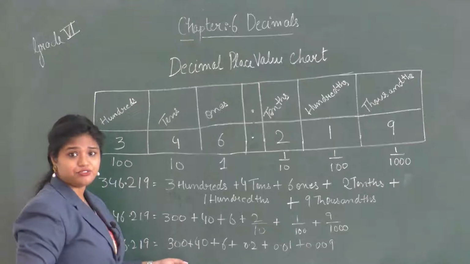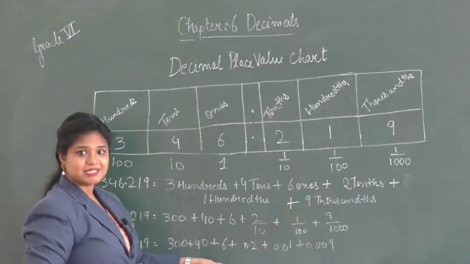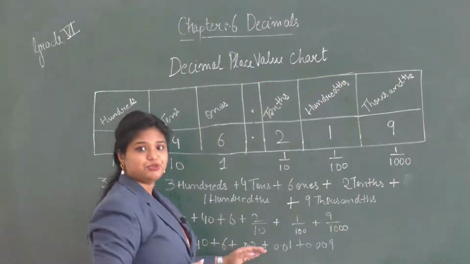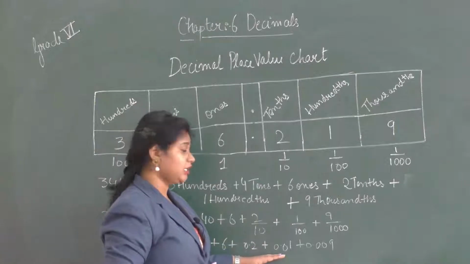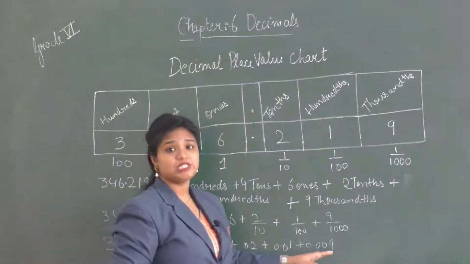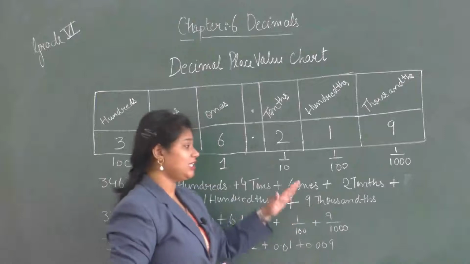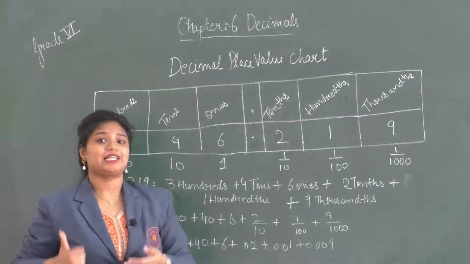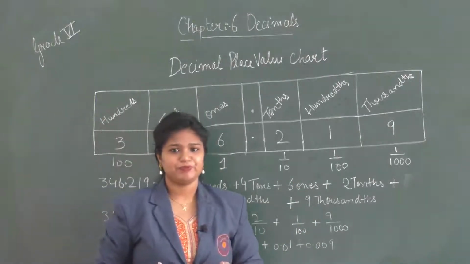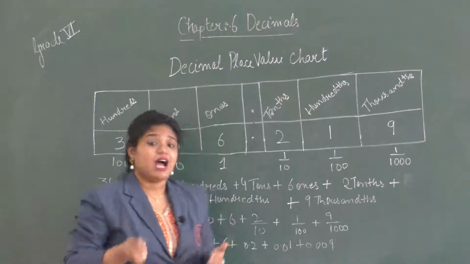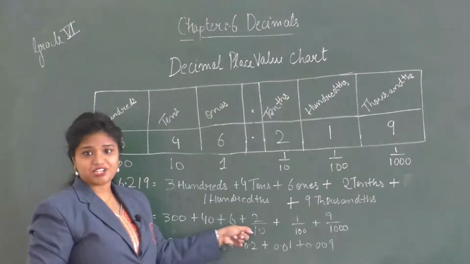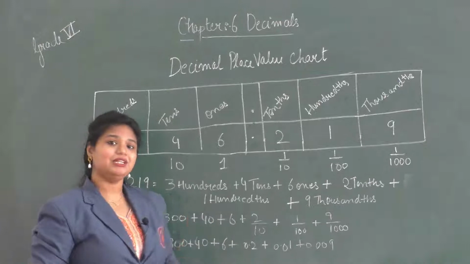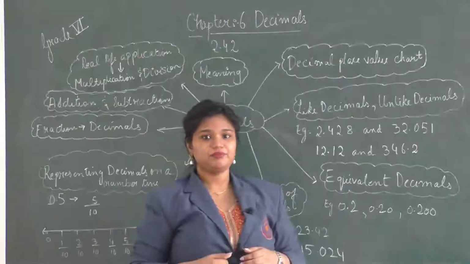So we have 300 plus 40 plus 6 plus 0.2 plus 0.01 plus 0.009. So these are the 3 forms of writing the expanded form of a decimal number. Now let's learn how we converted this fraction into the decimal with the next example.